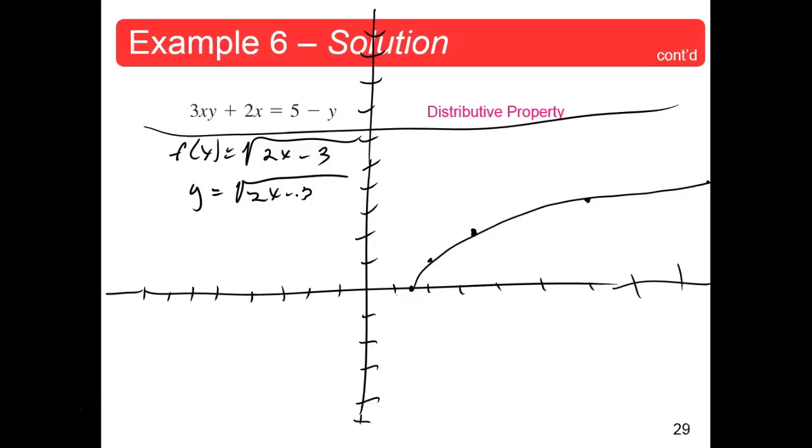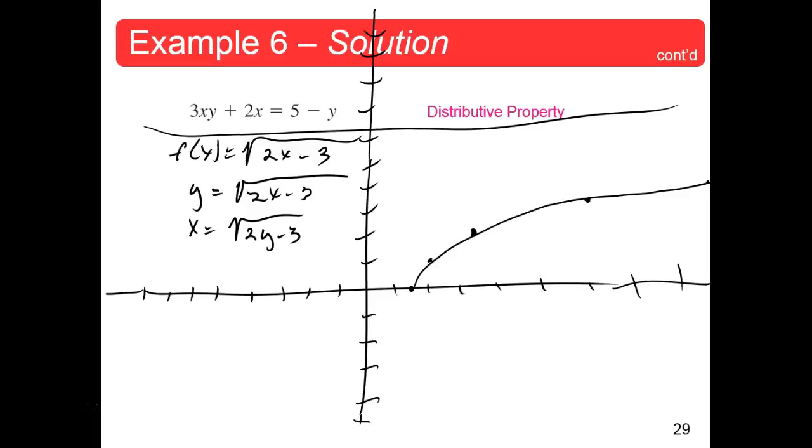Okay? Now, what would be your next step? Change the x and y. So that would be x equal to the square root of 2y minus 3. Next, we need to isolate the y.